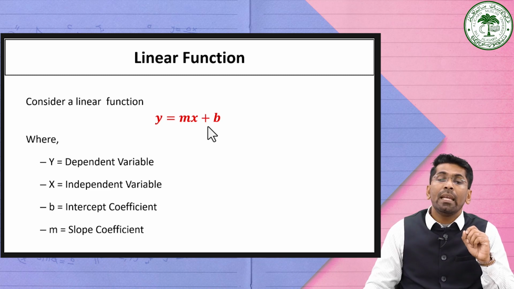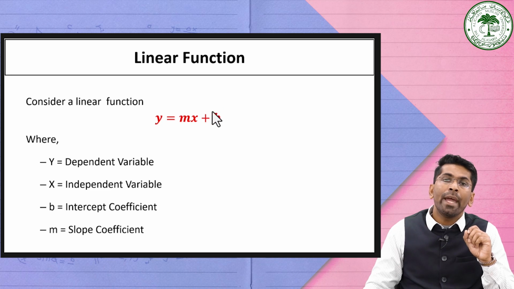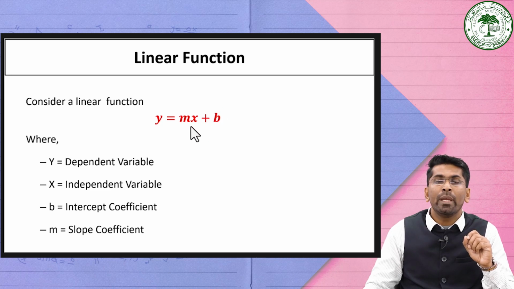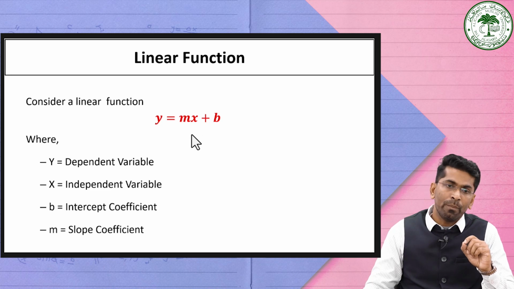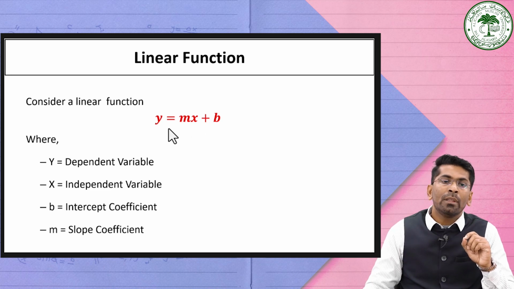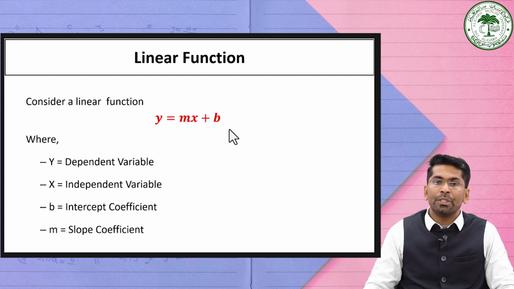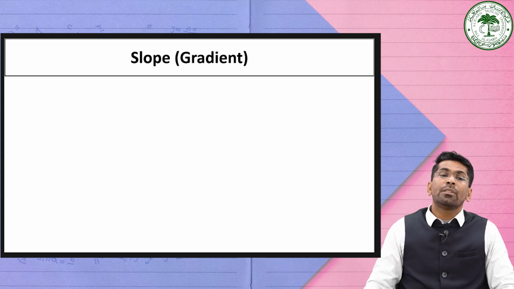This is algebraically captured by the term b, which we generally call the y-intercept coefficient, by assuming the x value is equal to 0. When assuming x is equal to 0, then y will become b, and this b is considered as the intercept term or y-intercept coefficient.